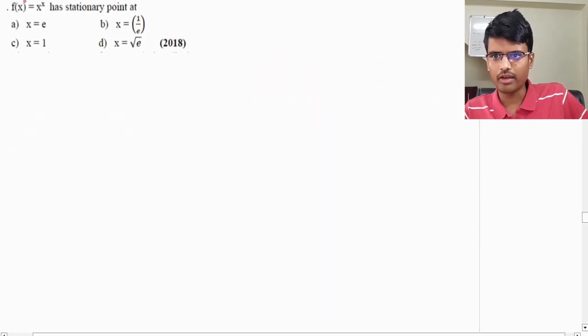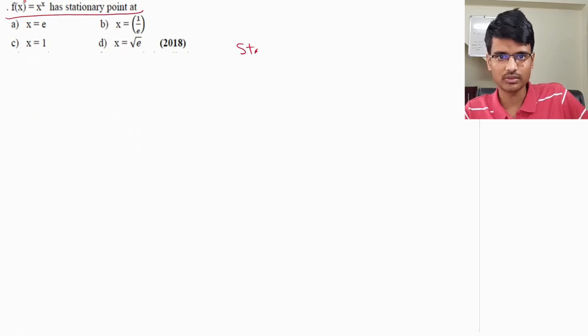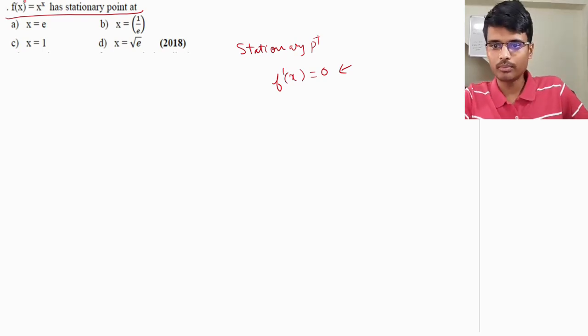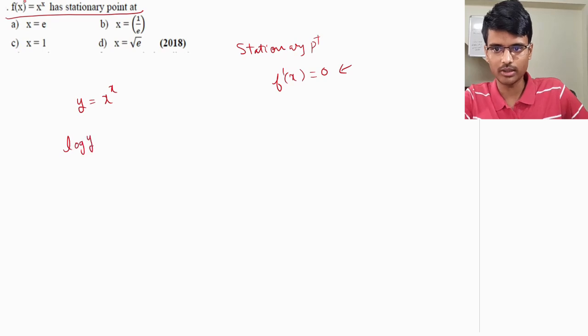f of x equal to x power x has a stationary point. What is a stationary point? A stationary point is nothing but where the differentiation is 0. Okay, so we have got y equal to x power x, an exponential function. What do we do? We take logarithm on both the sides.